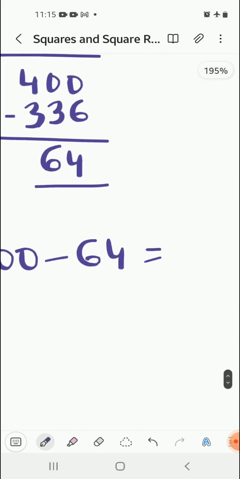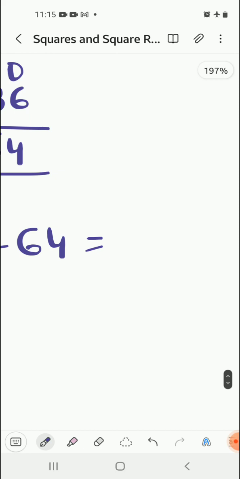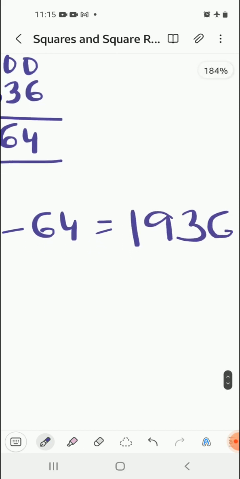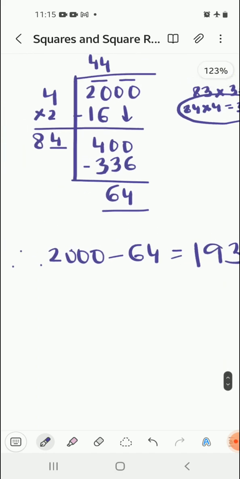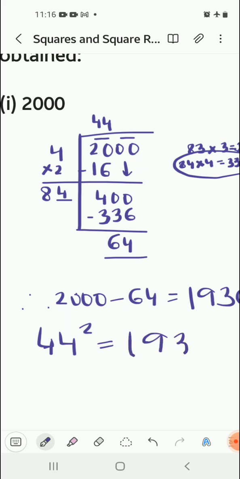If we subtract 64 from 2000, we get 1936, and this number 1936 is the square of 44. So 44 squared is equal to 1936.